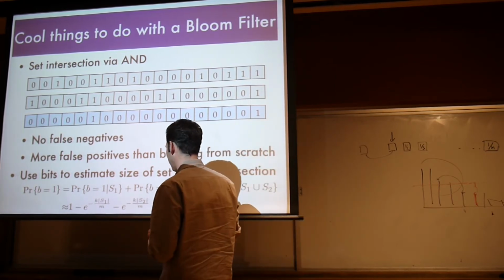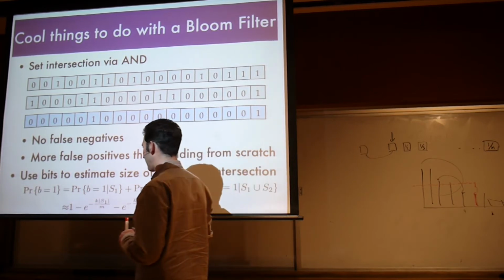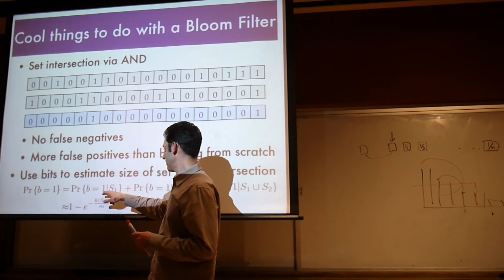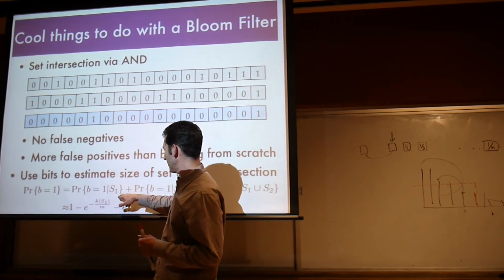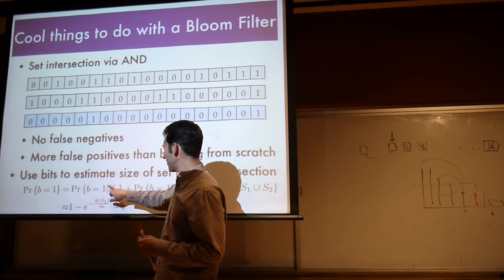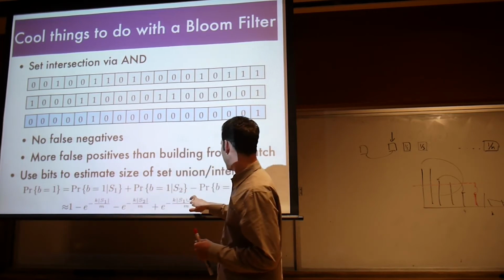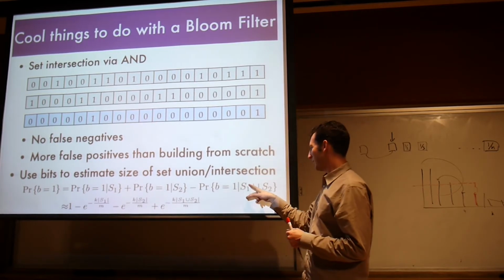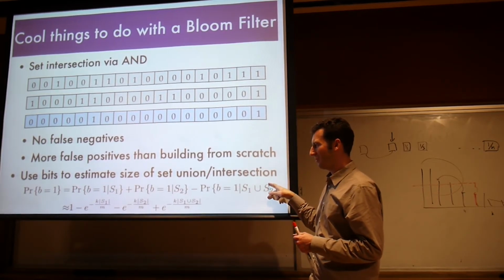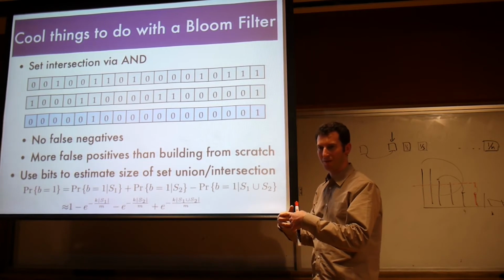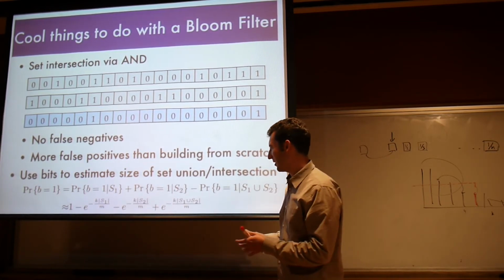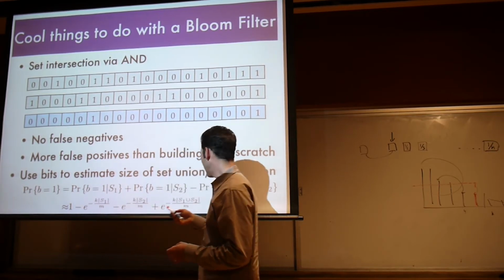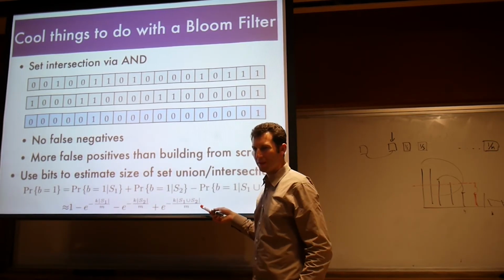And that's just very basic reasoning. The probability that the bit is set to 1 is, of course, given by the probability that the bit is set to 1 given that something in S1 was there to set it, plus the probability that something in S2 was there to set it, minus the probability that it was in S1 and S2. Because otherwise we overcount. It's just a standard Venn diagram, right? And so then you can just work out those probabilities. You get that expression for the probability that the bit is set.